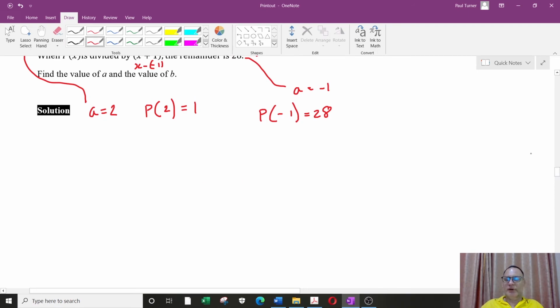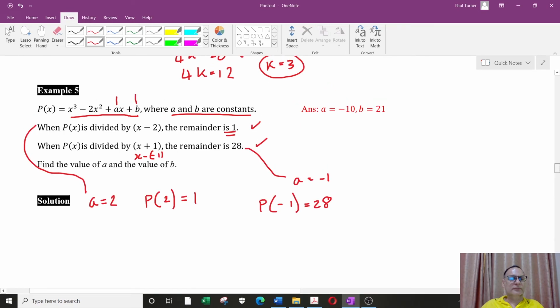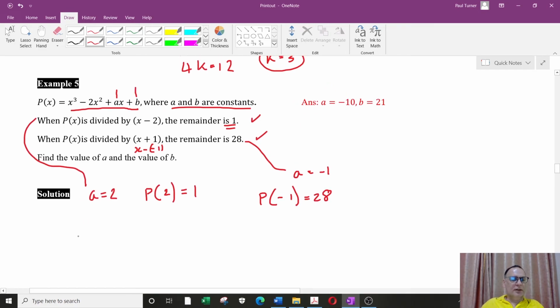Okay, so for the first one, our equation, we want to put 2 in, so 2 cubed minus 2 times 2 squared plus a times 2, or 2a, we'll change that later, plus b. And that will equal 1.